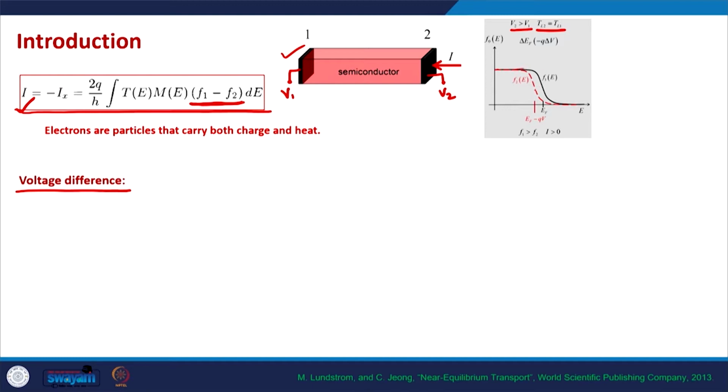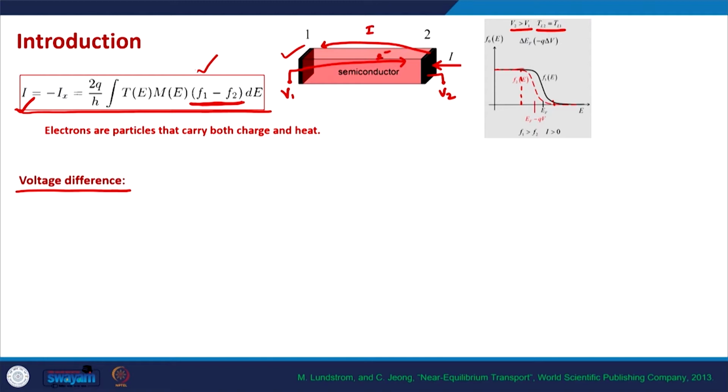So as you can see, in a small energy range around the Fermi levels, F1 minus F2 is non-zero, positive in fact, and that way the current is positive, which means electrons are flowing from contact 1 to contact 2 and the current is flowing from contact 2 to contact 1.